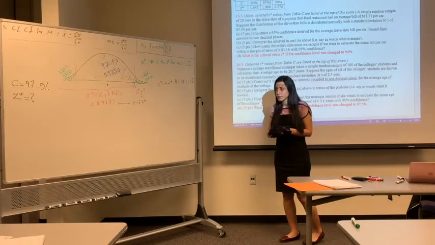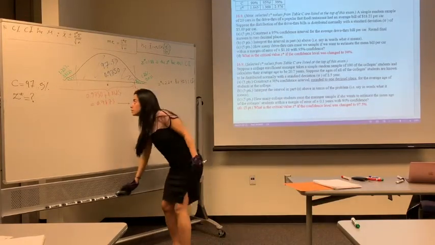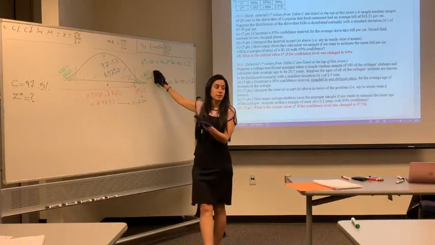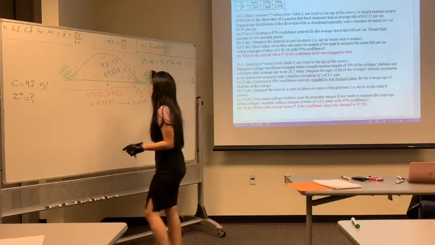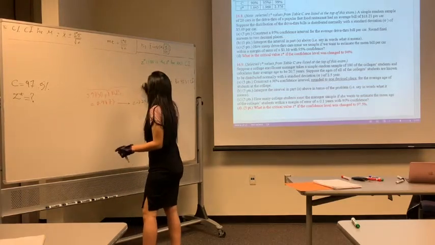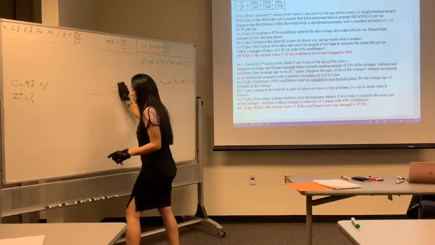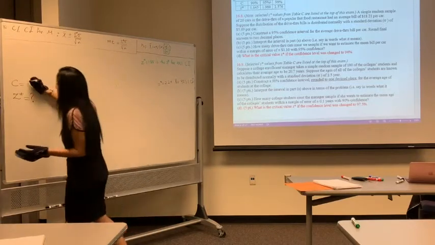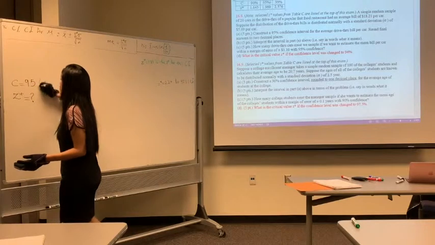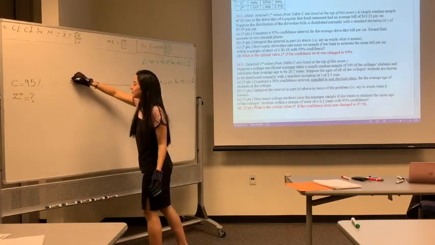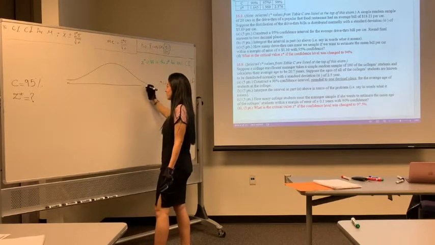Even though we have the Z star, we want to check to see if we can get the same. Let's find it to see if we are experts now. Yes, it is 1.96. You are an expert already.